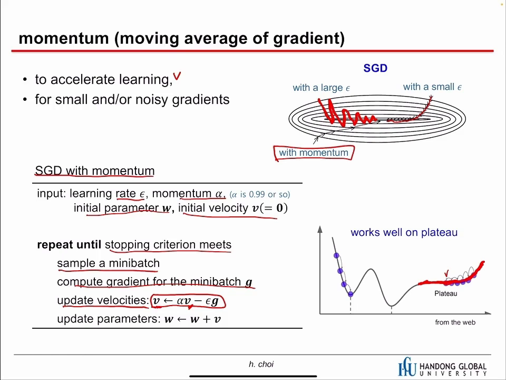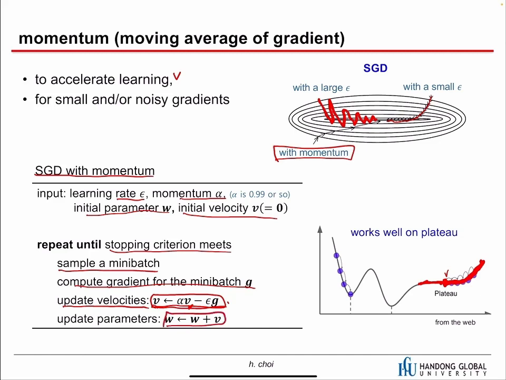So when we are here, the velocity from the first step is accumulated. Now, when we are here, we still have some velocity. Then with that velocity, we will update this one.